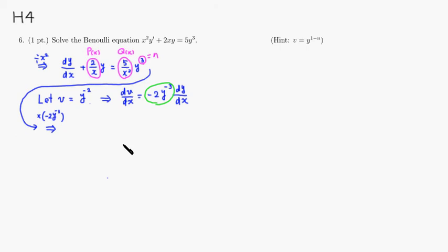This times that gives you negative 2 y to the negative 3 dy over dx.